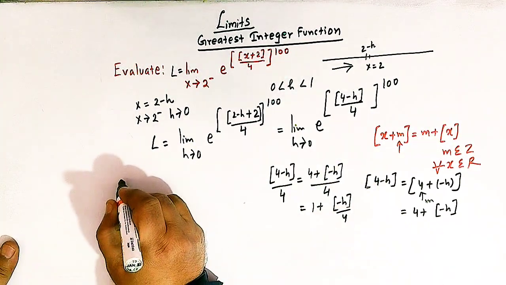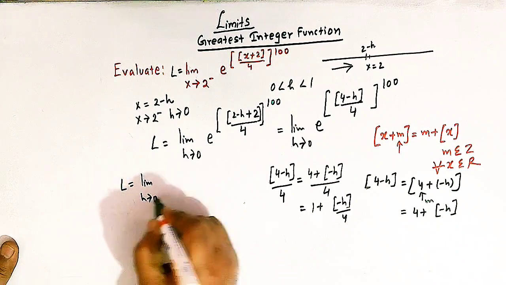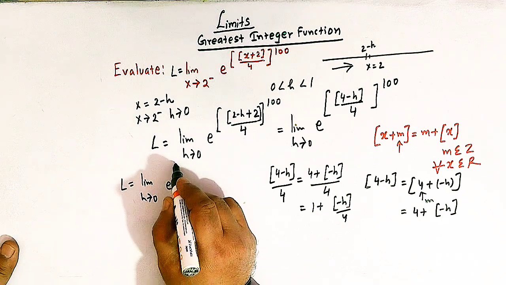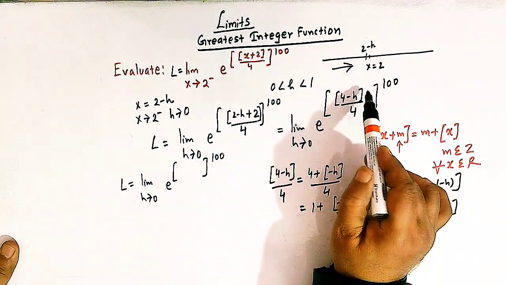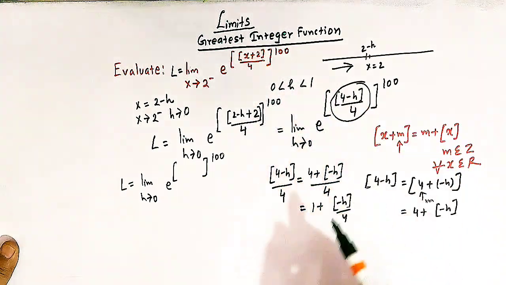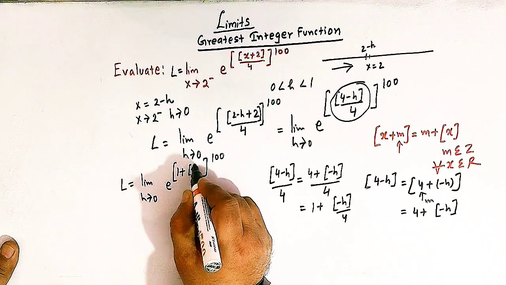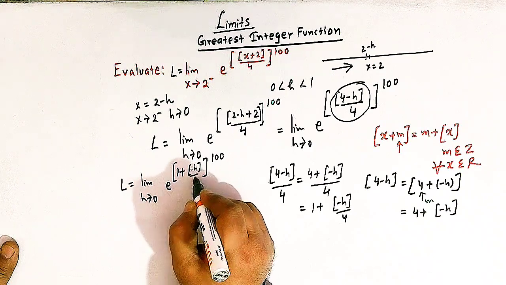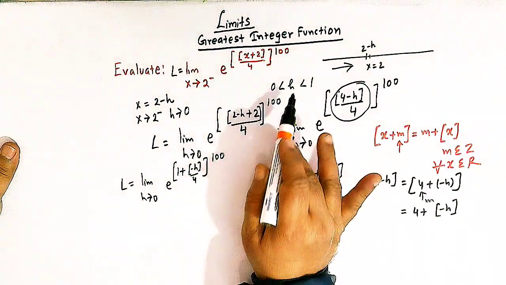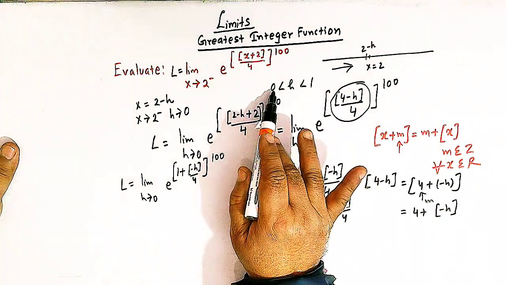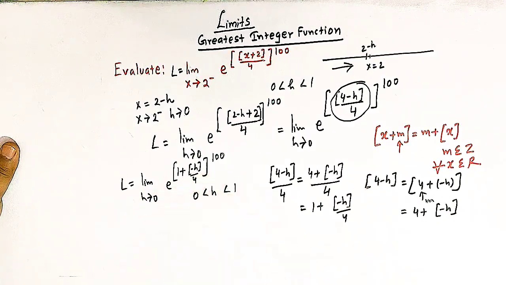So now this limit L takes the form limit h tends to 0, e raised to greatest integer raised to 100, and for this term we write 1 plus greatest integer of minus h divided by 4. Now we know that h lies between 0 and 1.